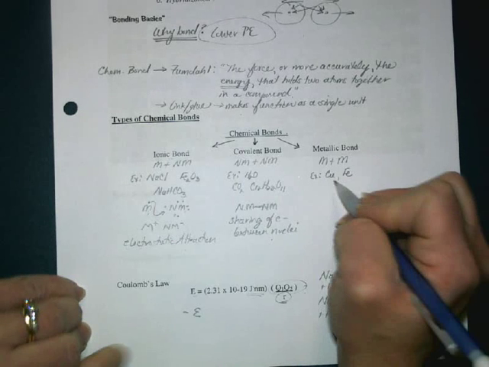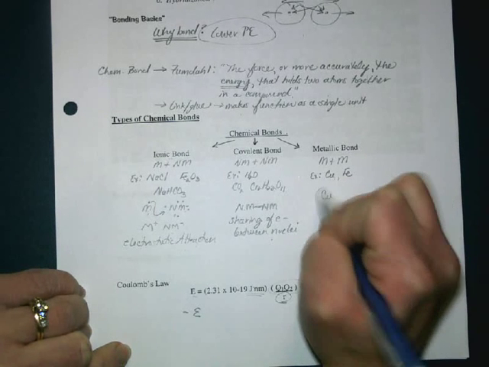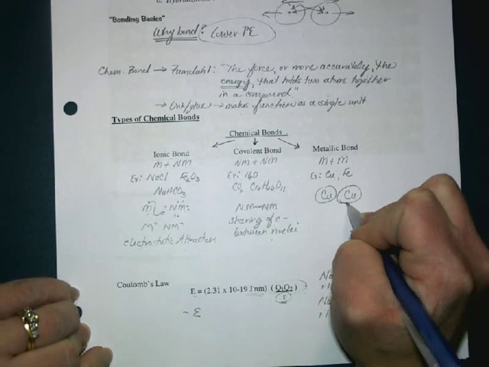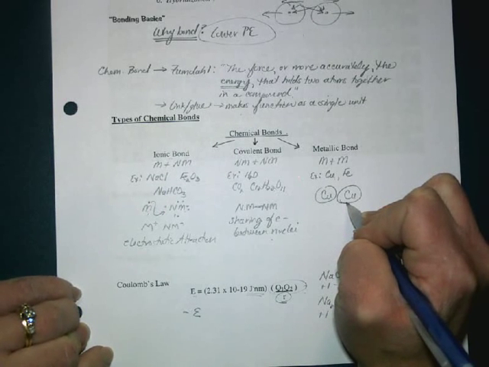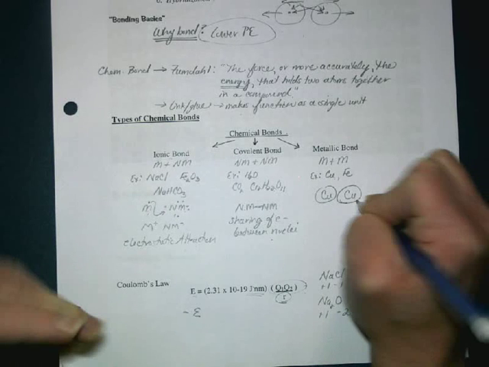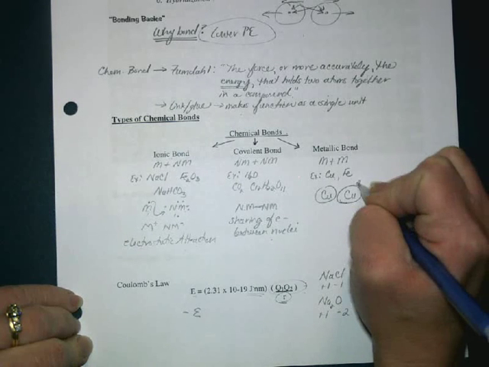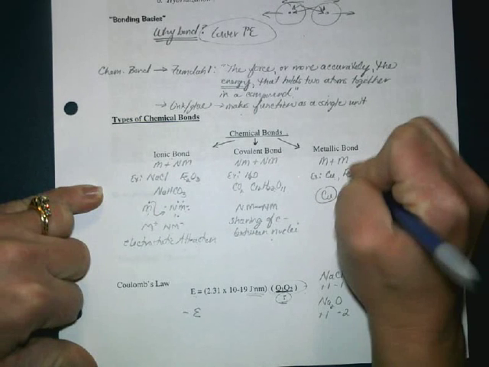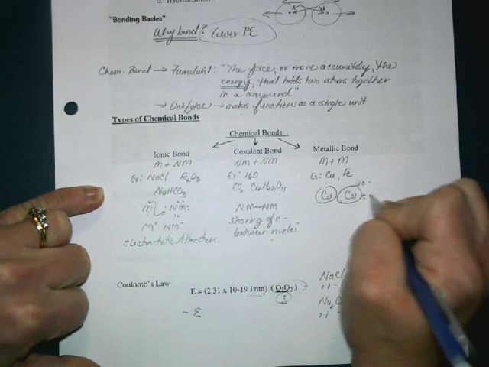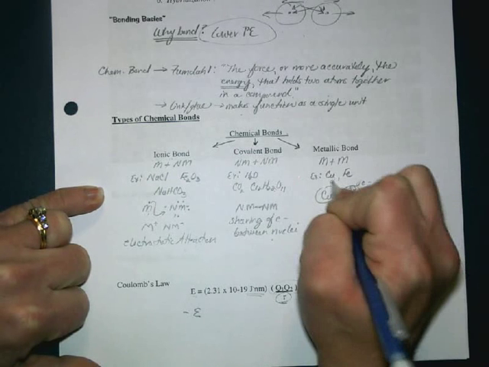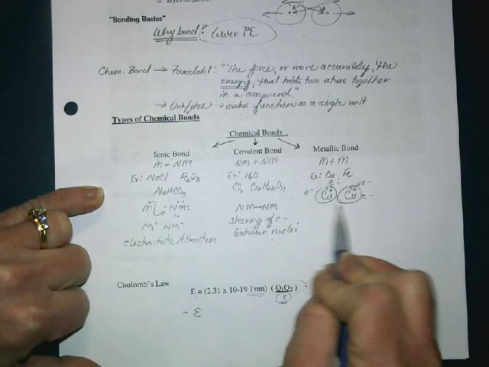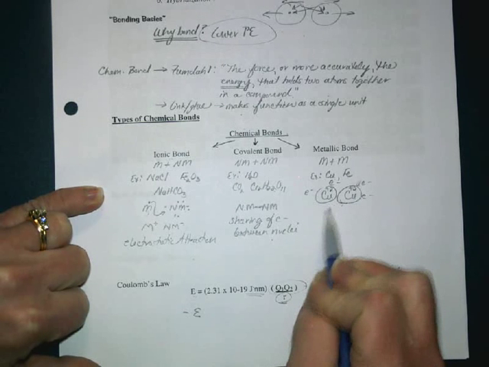In metallic bonding, what if you have a bunch of copper atoms? And we know that metals can only give away their electrons. So copper, in most cases, gives away 2 electrons per atom. So it's losing 2 electrons, it's going to form a positive 2. They don't want the electrons back, but they need them for electrical neutrality.